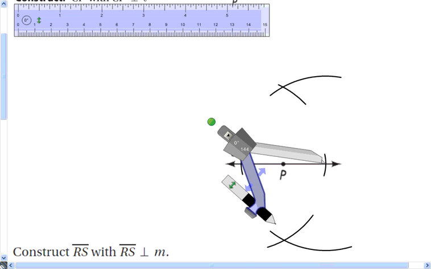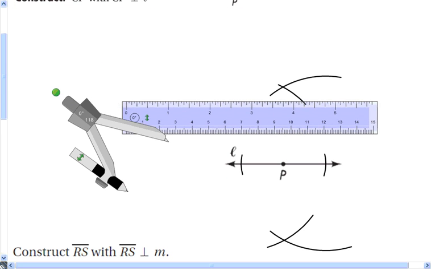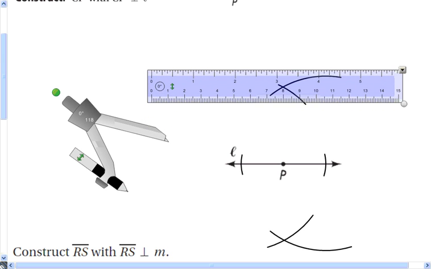Now, if I take my straight edge and draw that, I will have a line through that point P, perpendicular.